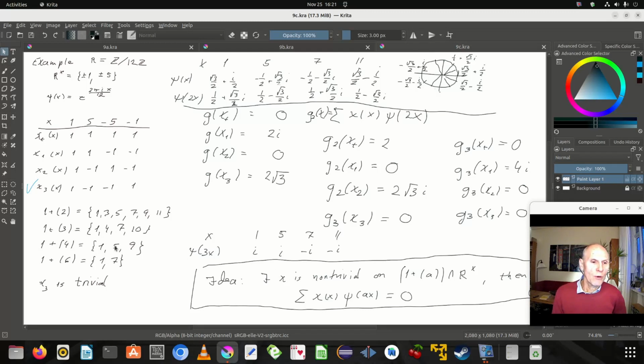If chi is trivial on 1, 5, that is, which happens for the trivial ones and for chi 2, then the sum in question vanishes. And the idea was that when we multiply by 2, then we have a collapse of values. And when we multiply by 3, we also have a collapse of values, in both cases 2 to 1. If we multiply by 6, they all map to -1. So we have 4 to 1 collapse.